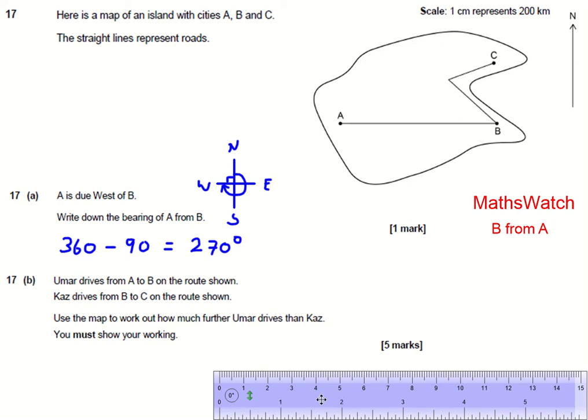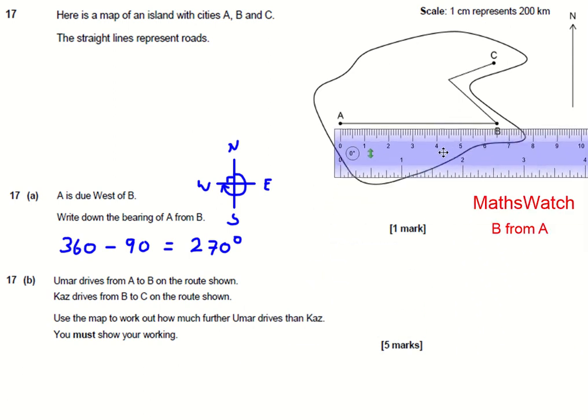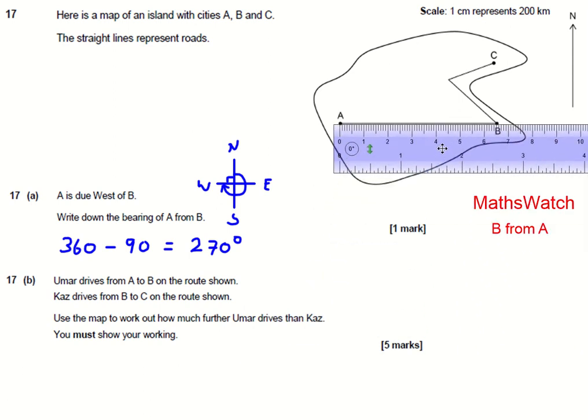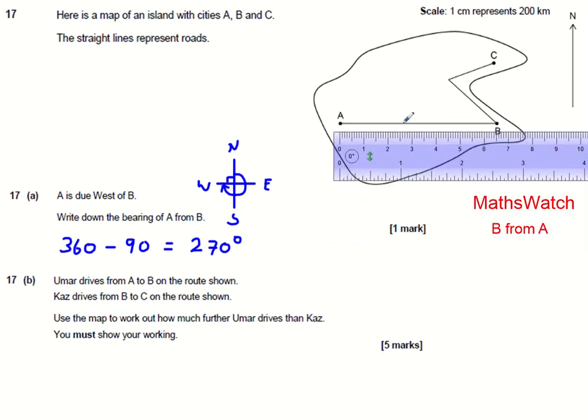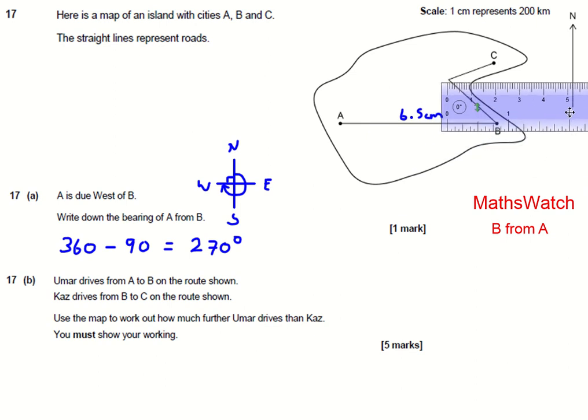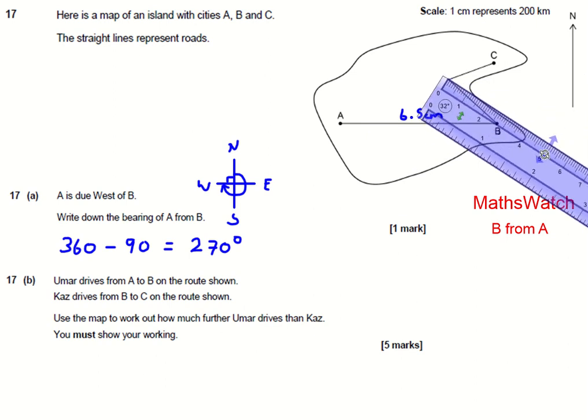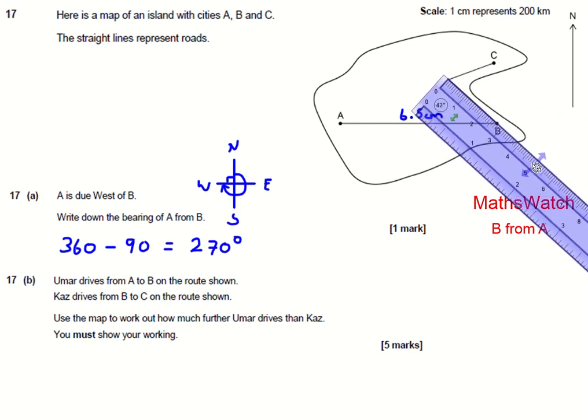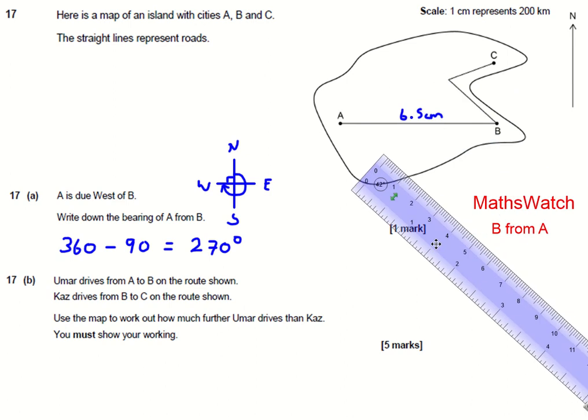So starting with the measurements, to go from A to B we would measure with a ruler. That's 6.5 centimetres. To go from B to C, we've got two separate lines to measure. So from B to that junction is 2.7 centimetres.